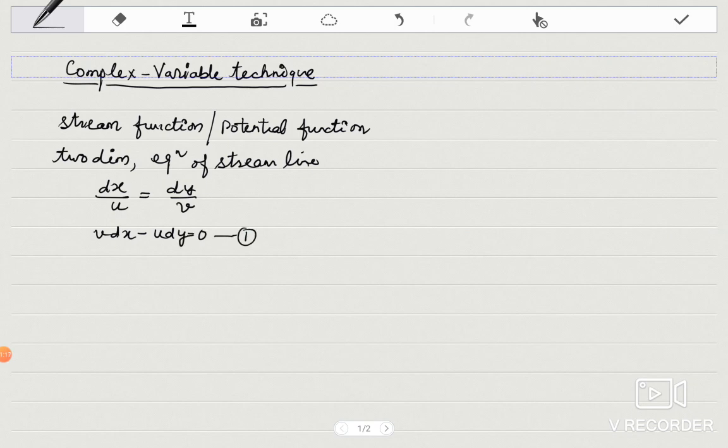Let us assume that this equation 1 is an exact differential equation. So this implies there exists a function, say psi.